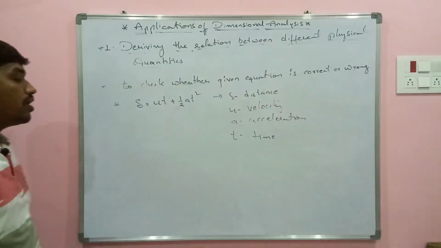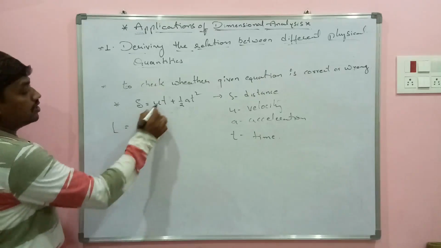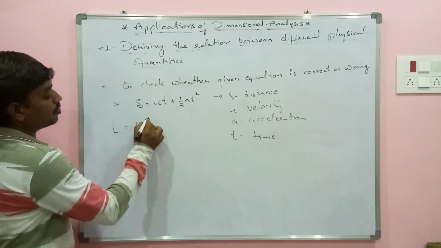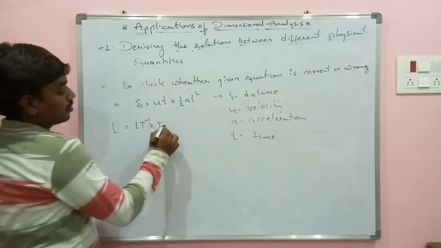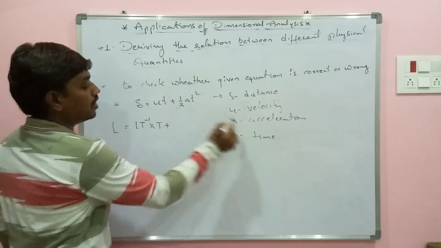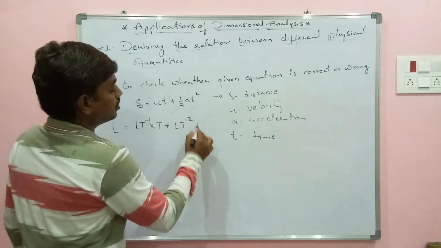Knowing the dimensional formula, on the LHS side I will be getting simply L. On the RHS side, L T to the power of minus 1 into T, plus half, a number which doesn't have a dimensional formula, A acceleration L T to the power of minus 2, T square.